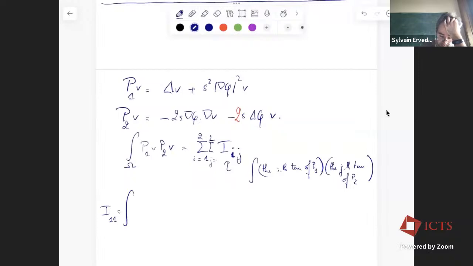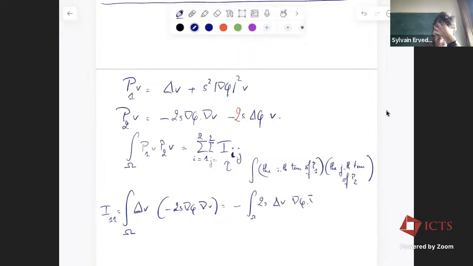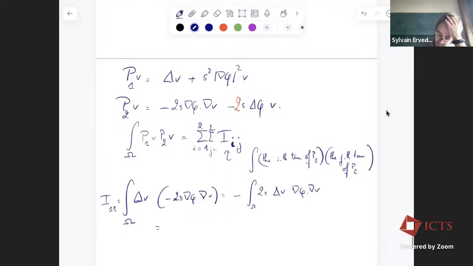I11 is Laplacian V times minus 2s gradient of phi gradient of V. So this is minus 2s Laplacian V gradient of phi gradient of V. So you do one integration by parts.